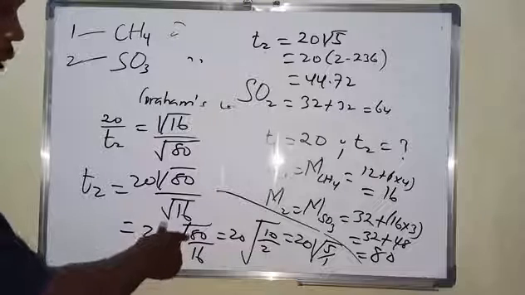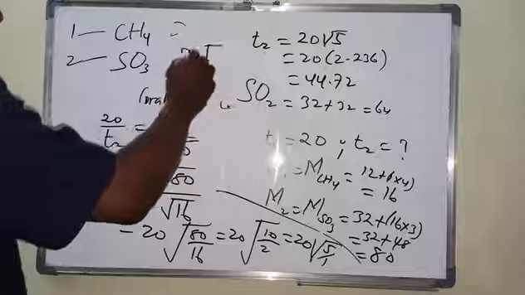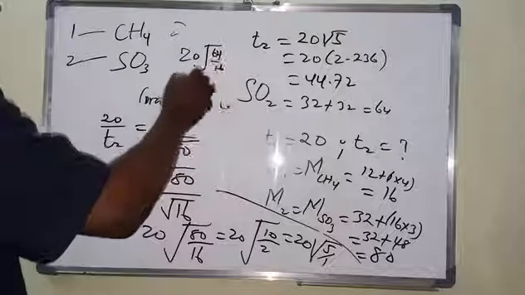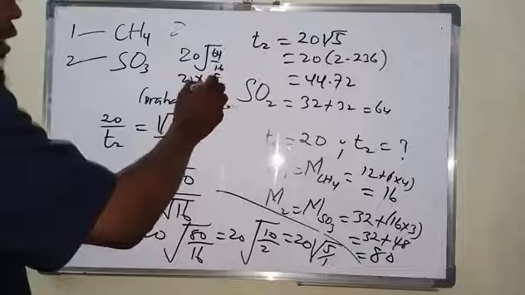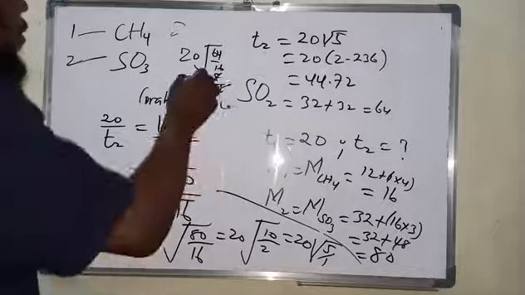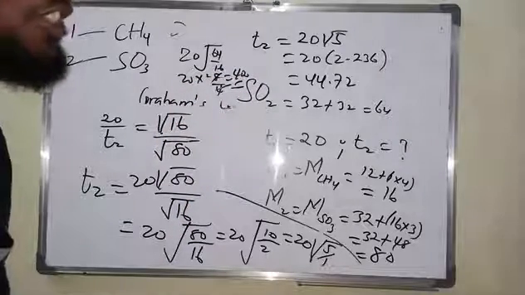If this is 64, we would have gotten 20 times root of 64 over 16, which is 20 times root of 4, that is 2. That would have given us 40 seconds as the answer.